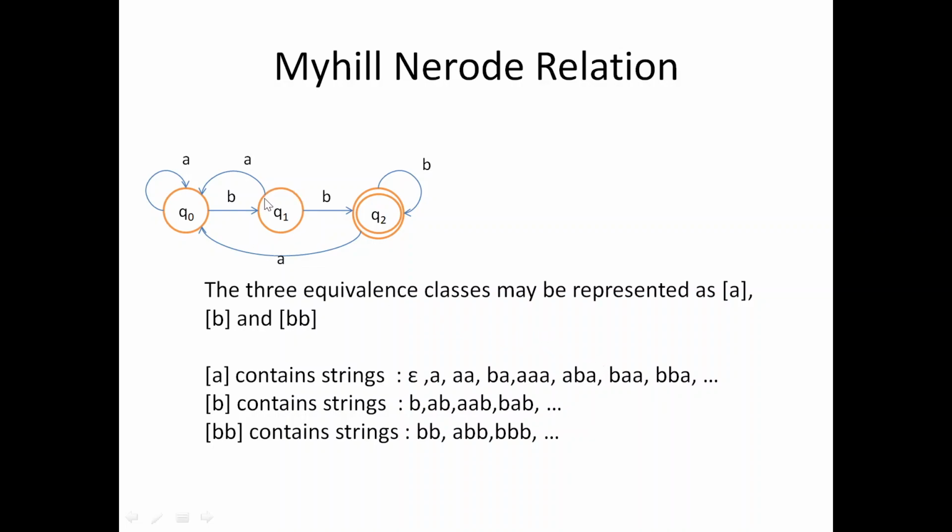The equivalence class represented by Q1 is represented by the string B, because B itself is a member of that class, and it will contain the strings B, AB, AAB, BAB, and so on. The equivalence class corresponding to Q2 is represented by BB, and it will contain the strings BB, ABB, BBB, and so on.